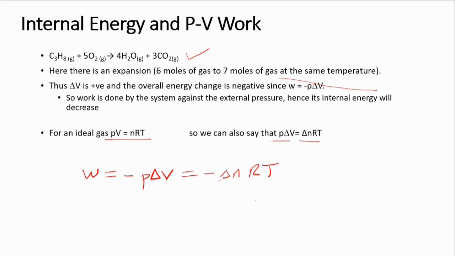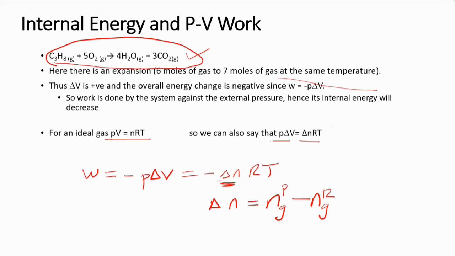Of course, you're probably asking now, but what is this delta n that you're talking about? Delta n is equal to the number of moles of gaseous products minus the number of moles of gaseous reactants. So, for example, this example that we have been using, all right, what is delta n for that example?